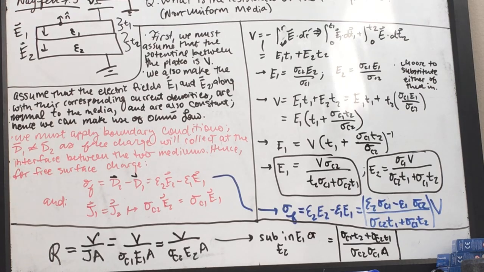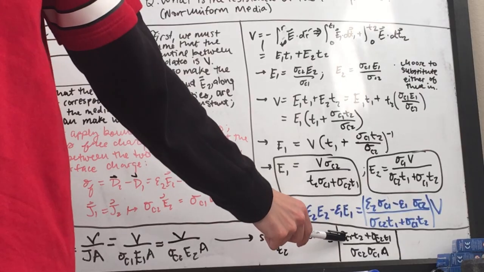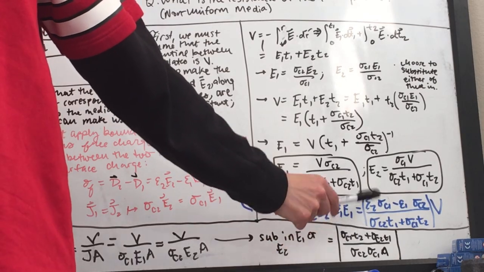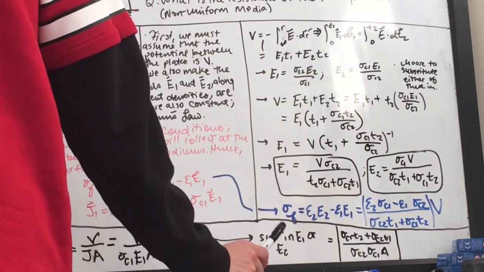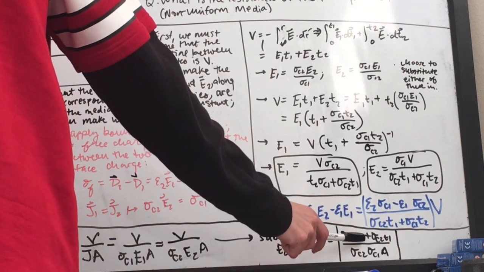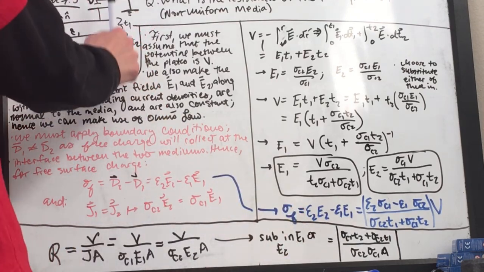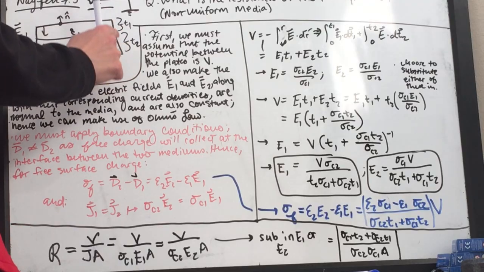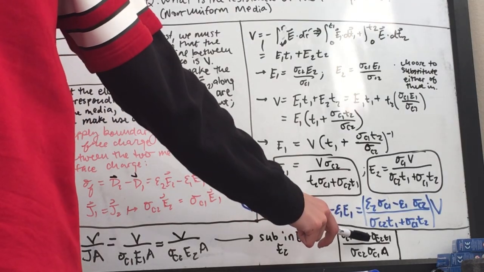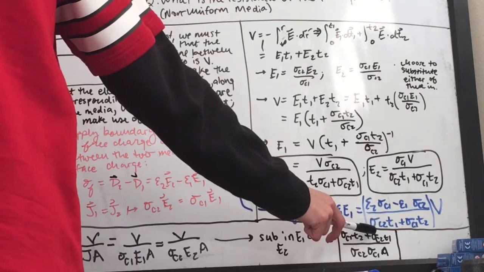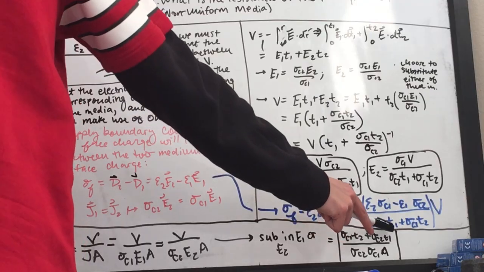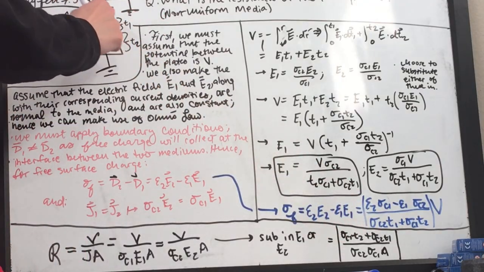We're able to get a final expression that neatly packs all of our terms together with just the conductivity and the distance that the electric fields travel. Namely, this one will be sigma C1 times T2, being the distance the second electric field travels, times the conductivity of the second electric field and the distance the first electric field travels.